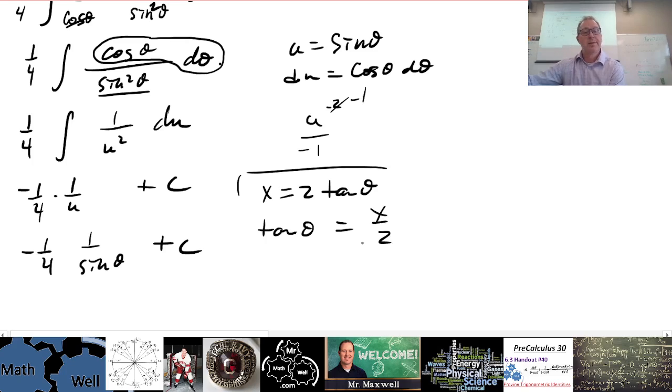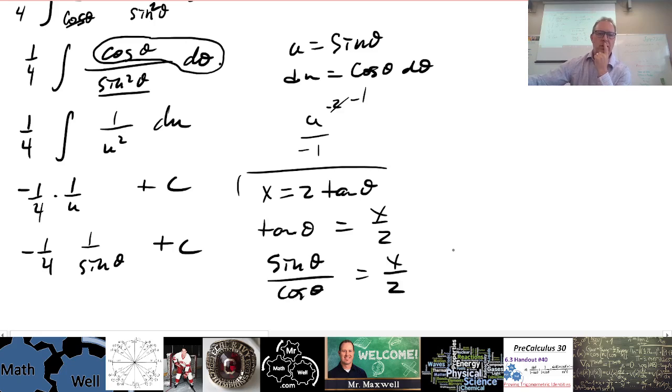Tan theta is sine over cos. So sine theta over cos theta equals x over 2. Times cos. So sine theta is x cos theta over 2.